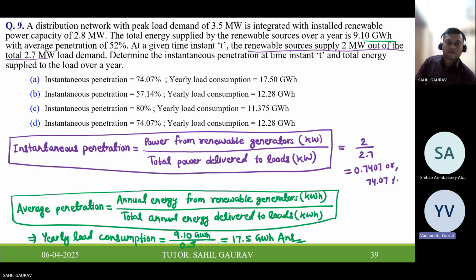I did it in a different way. I multiplied 2 into 8760. 2 megawatts is the instantaneous penetration, 2 multiplied by 8760. Okay, 2 megawatt is the instantaneous power, and for 1 year, 8760 hours. So you're getting the same answer. Yes, 1 minute.